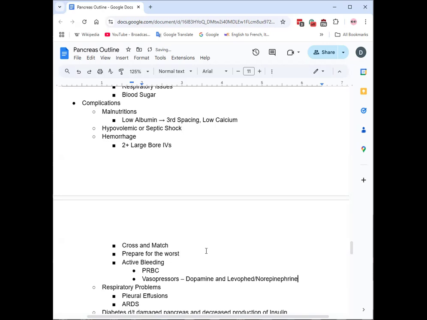For now, vasopressors is good enough. If you're having issues with hydration and blood pressure, then acute renal failure, so AKI, acute kidney injury.